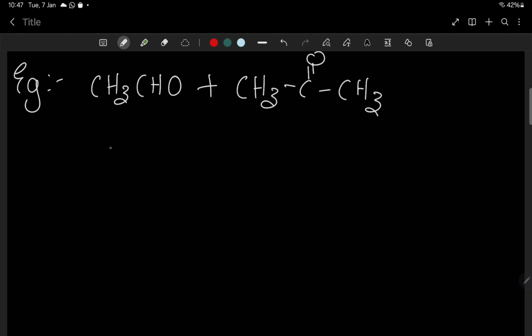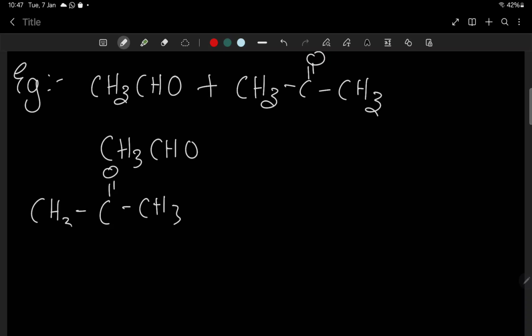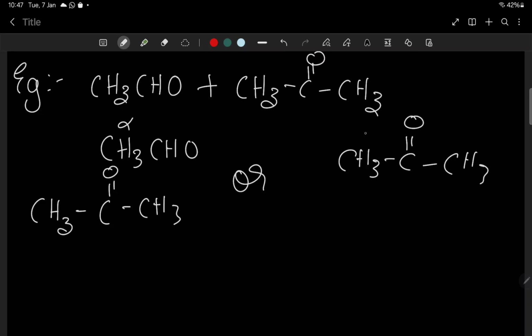There is some possibility that CH3CHO comes on top, C double bond O CH3. This can happen because of the alpha hydrogen below the carbonyl carbon, or this combination can also happen. Here also there is alpha hydrogen, so the CHO group comes down.